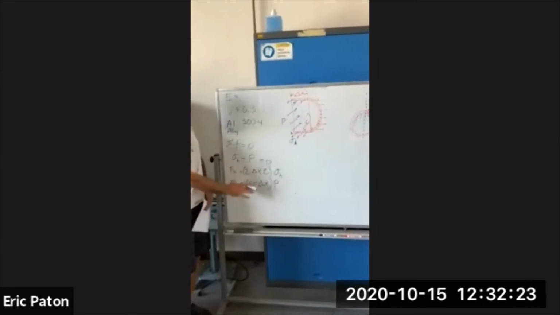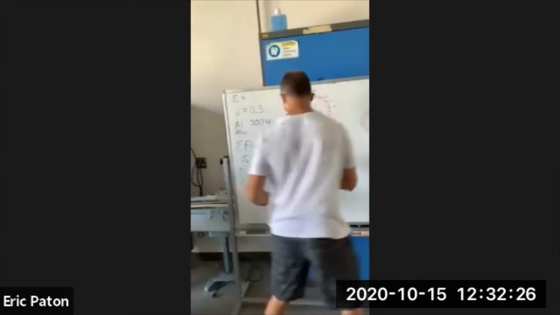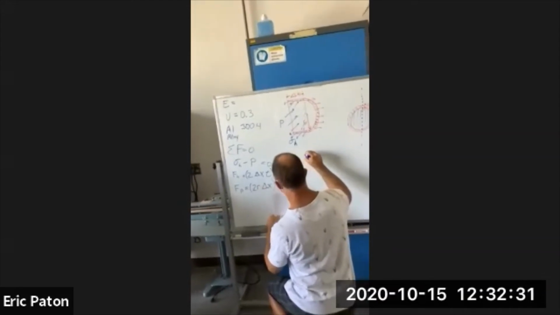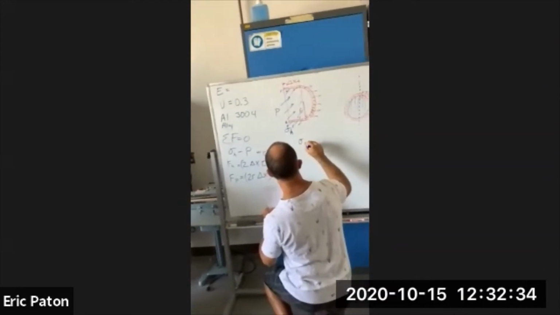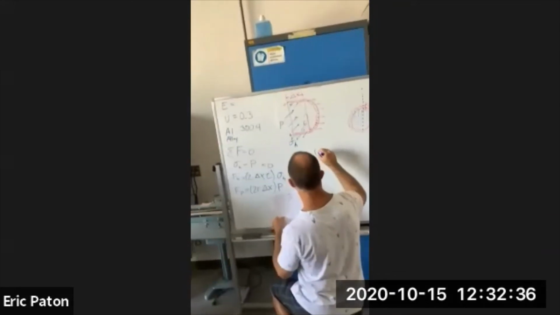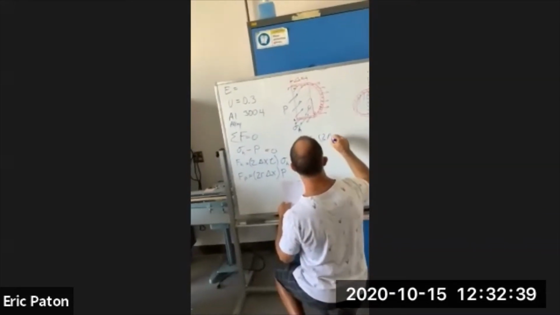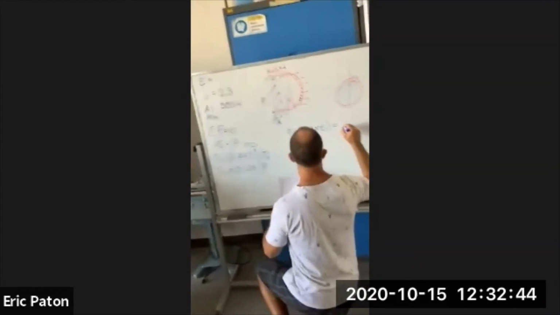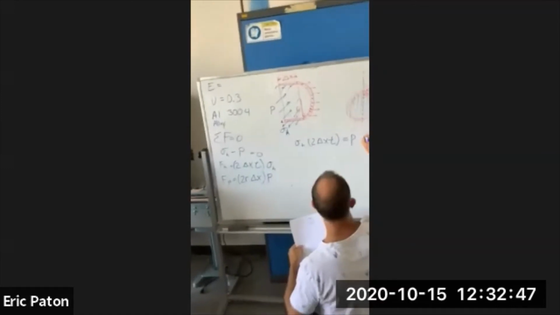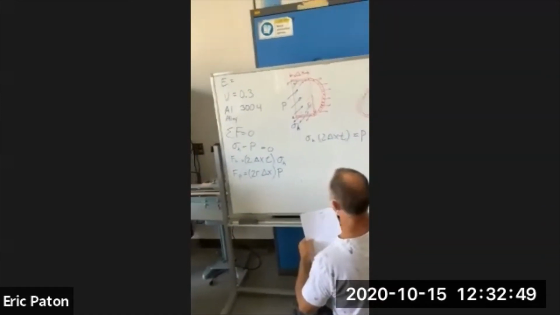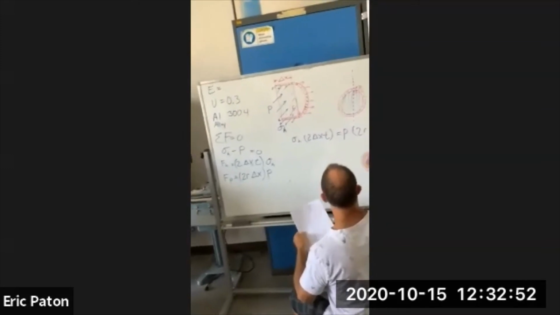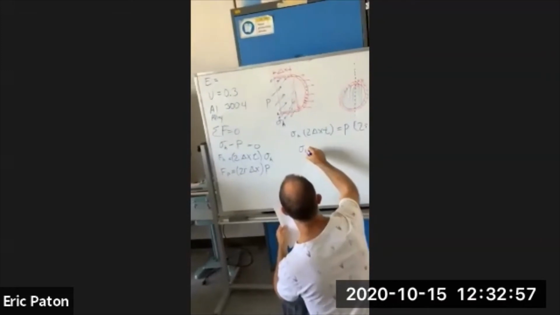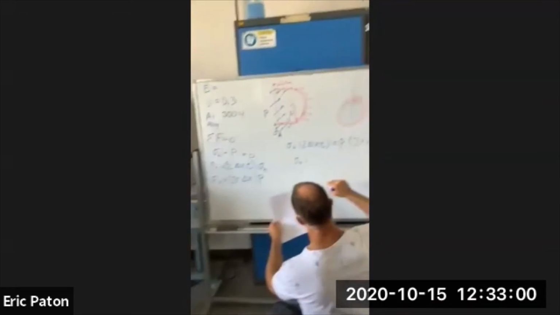So now we have the two equations here. We make them equal to each other, right? So we just rewrite this: sigma H times 2 delta X T is equal to pressure times 2R delta X. Then I'm going to solve for the hoop.